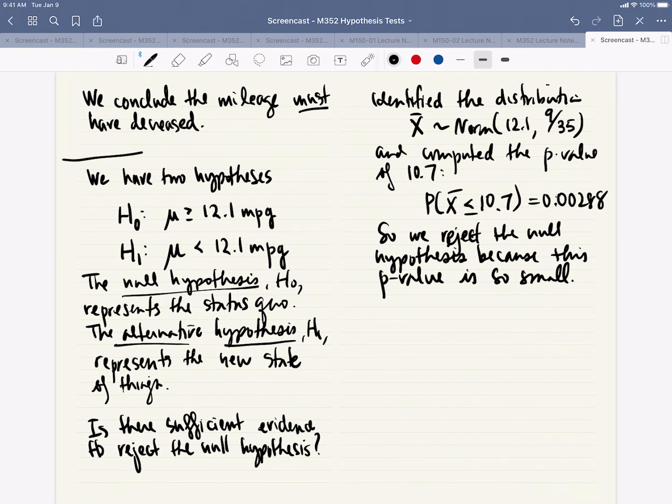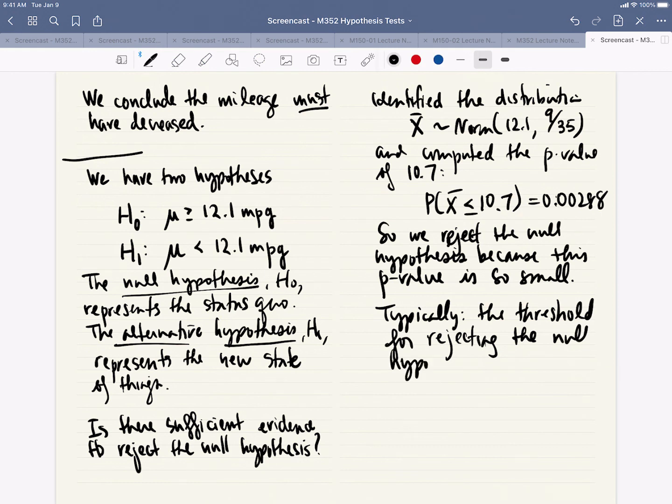So typically, how do you know if the p-value is small enough for you to reject the null hypothesis? Typically, the threshold for rejecting the null hypothesis is set ahead of time. And typical thresholds are 1%, 5%, 2.5%.